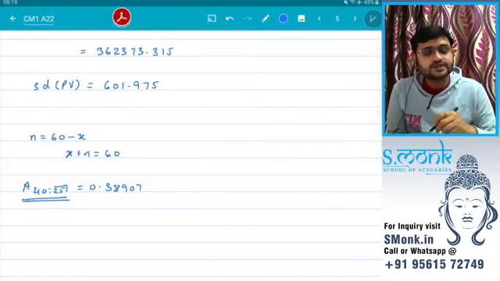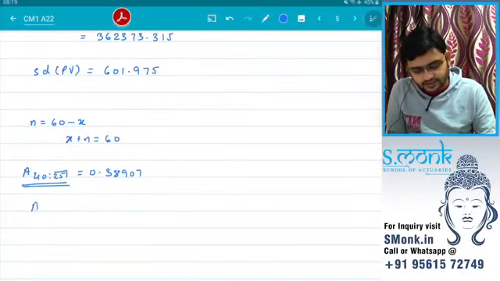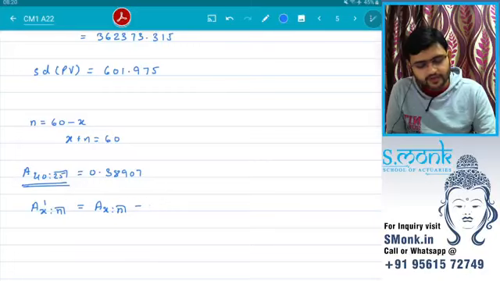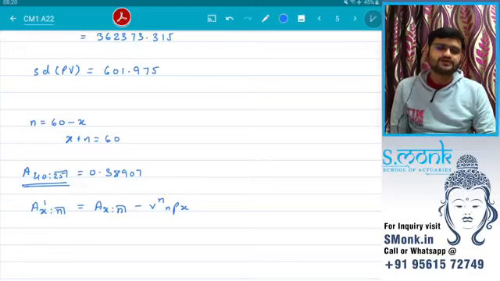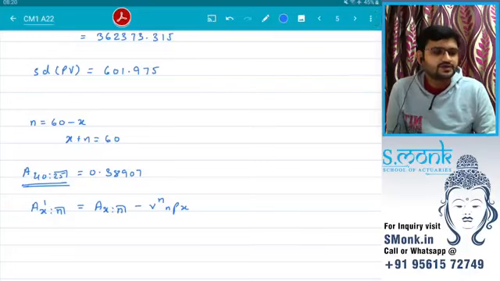You can use this endowment value to find the term assurance as well, because term assurance can be written as endowment minus pure endowment. It's slightly faster or easier than going through whole life.